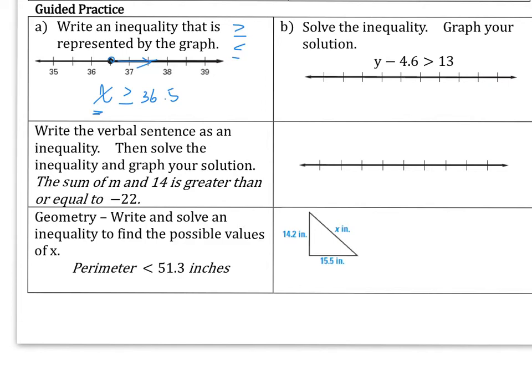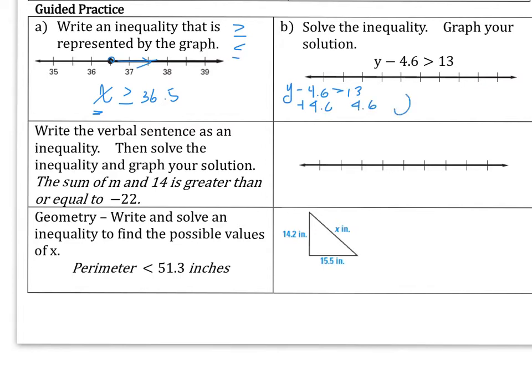And for part B, solve the inequality and graph your solution. Okay, so we have to use the properties of inequality. So here we will apply the addition property of inequality. You need to add 4.6.